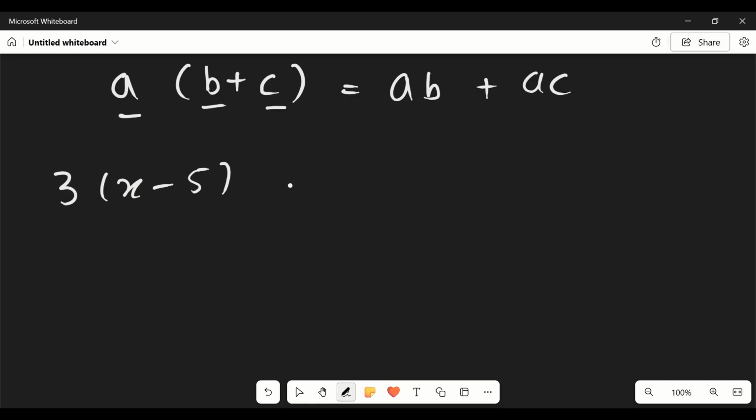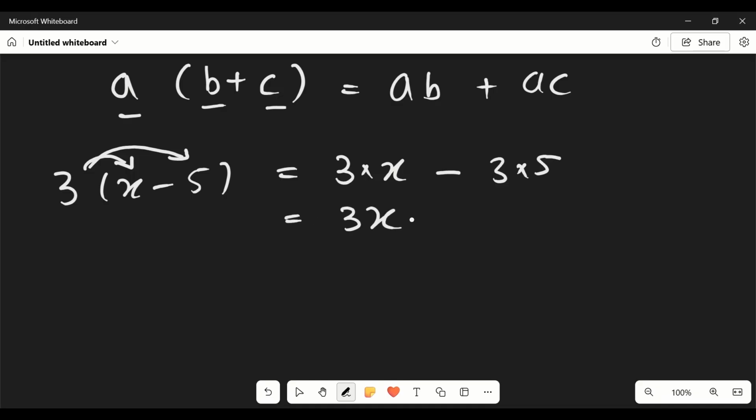Suppose that you have another example. You get this operation. This is a subtraction. What will you do? First, you multiply everything into both of the parentheses. So we get 3 times x minus 3 times y, 3 times 5. So we get 3x minus 3 times 5 equals 15.